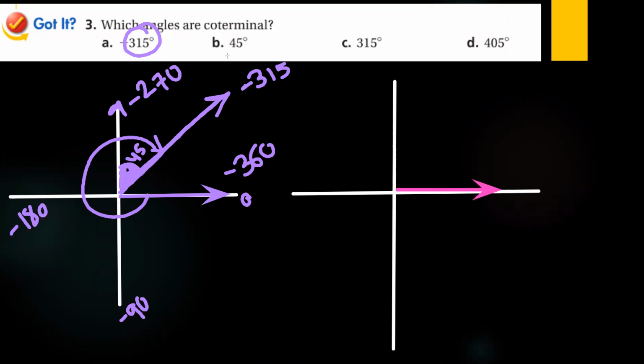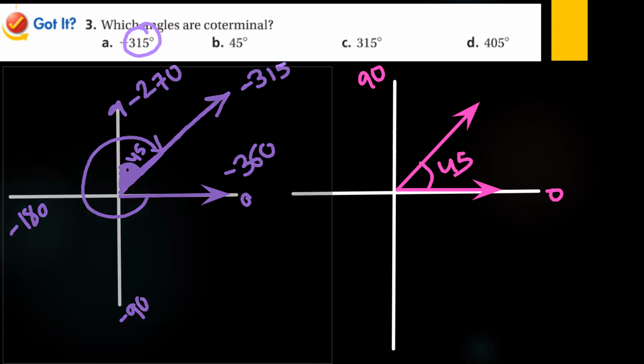Now, 45 is supposed to be in the first quadrant. Since this is 90 and this is 0, between them is 45, so the terminal side will be in the middle here. This is the angle of 45.